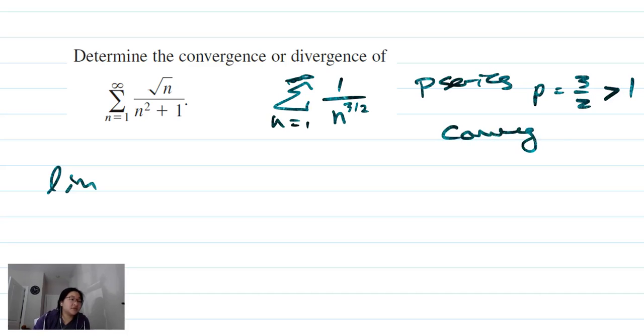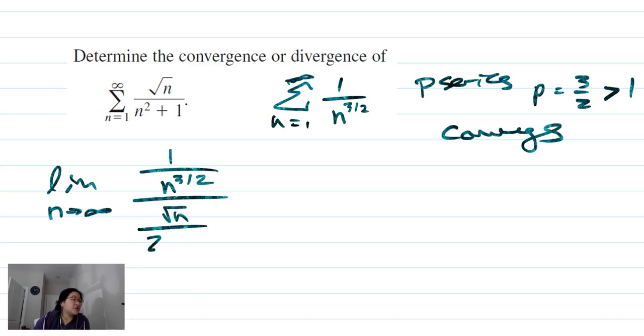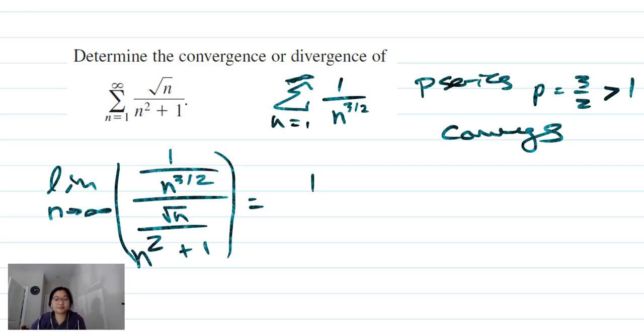So let's see if we get a finite positive number as n approaches infinity of our ratio. So you have 1 over n to the 3/2 over root n over n squared plus 1. And what's going on there? We're going to get 1.